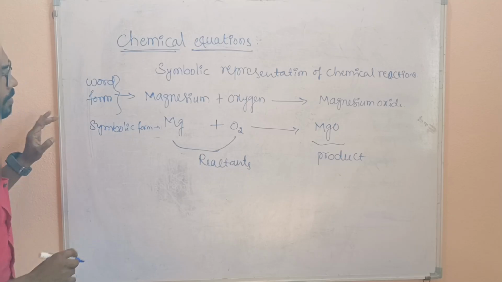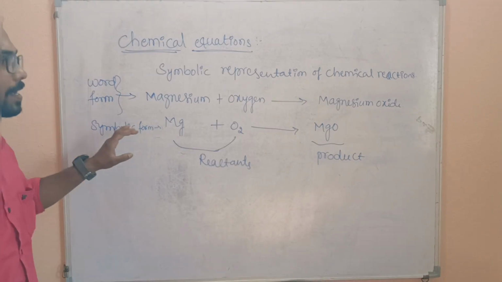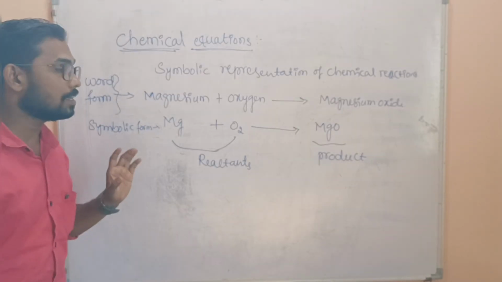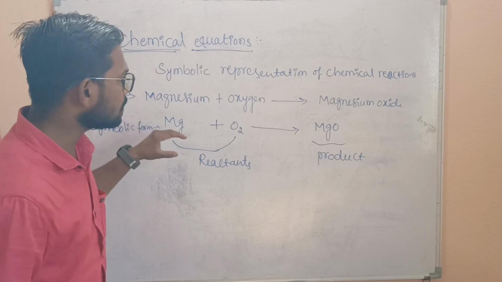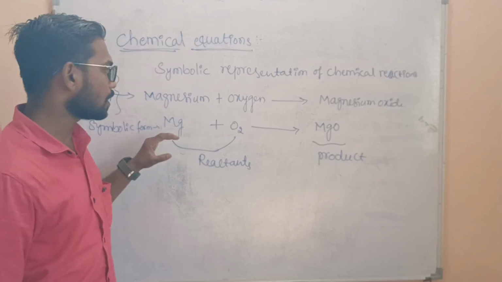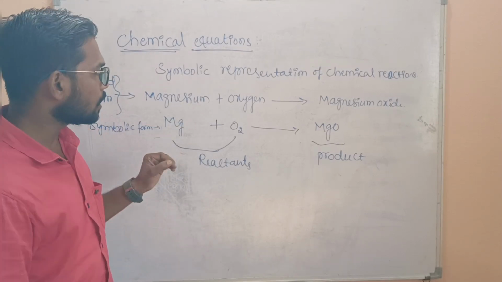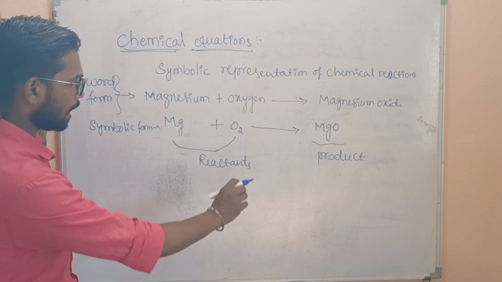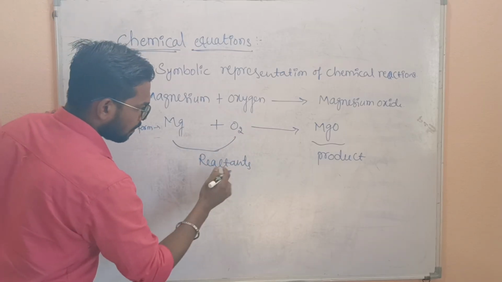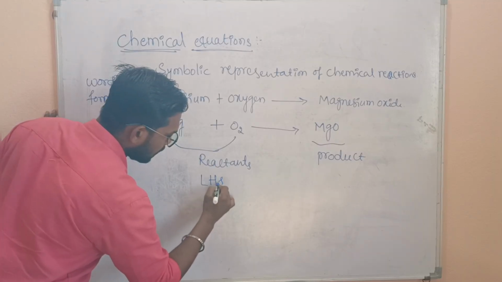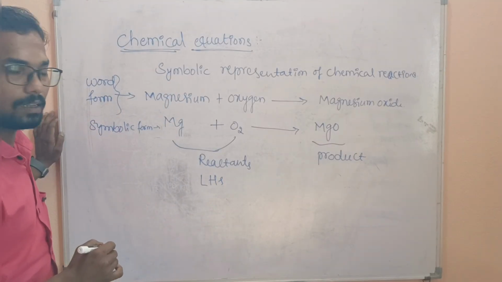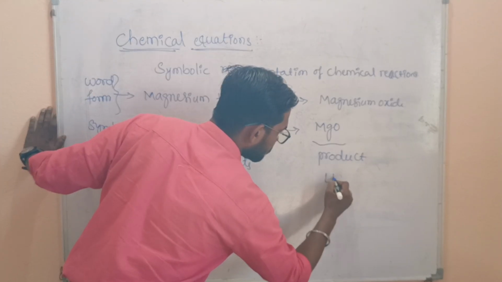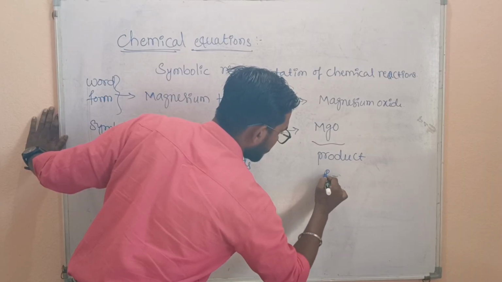A symbolic form is a very easy format to write a chemical reaction, and we can conclude that the chemical reaction is taking place, and the reactants will always be on the left hand side and the product will always be on the right hand side.